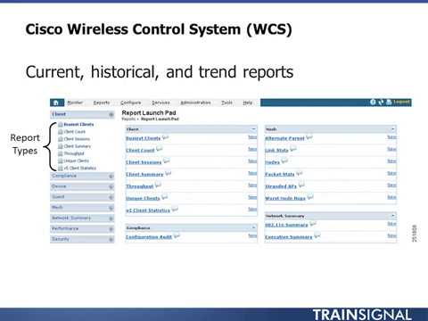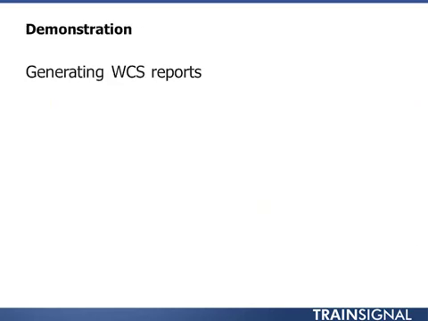The reporting has bar charts and pie charts, etc. And you can look at trends and things that are changing over a period of time, and that might indicate that maybe you need to add more resources or to fine-tune the system in some way.